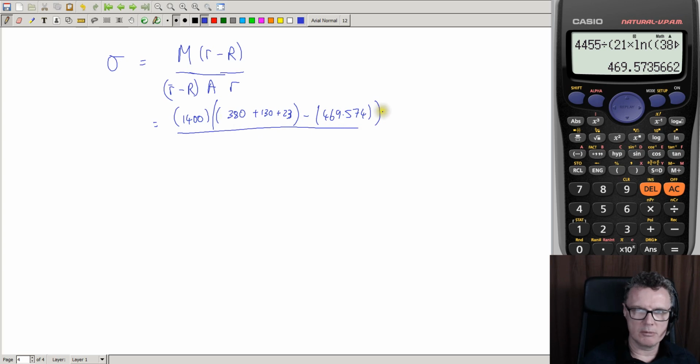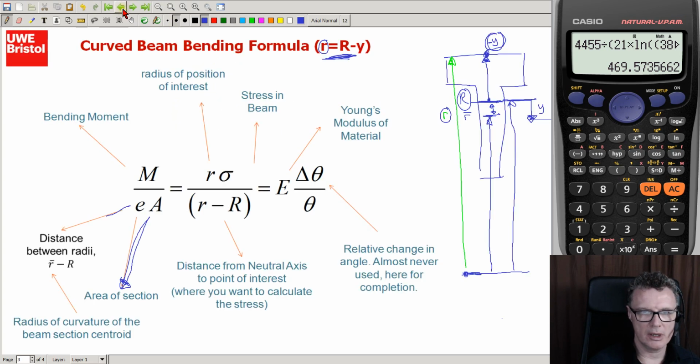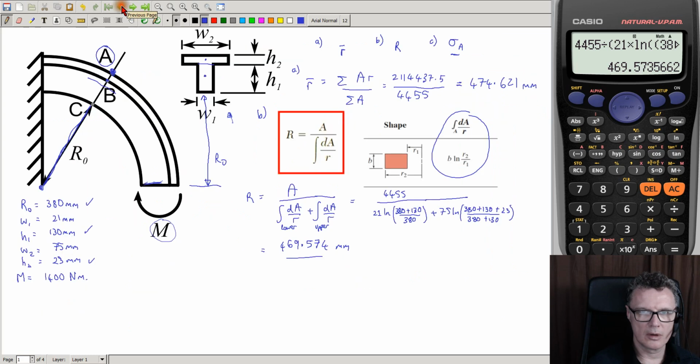Rightio, so that's going to be positive, yeah, so we're going to end up with a negative here. Right, so I'm going to ignore that. So E is going to be, oh no, I'm going to end up with the right thing.